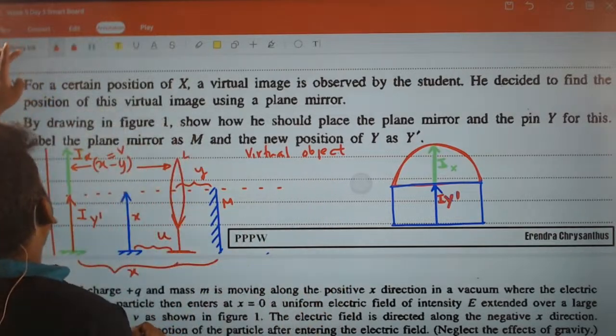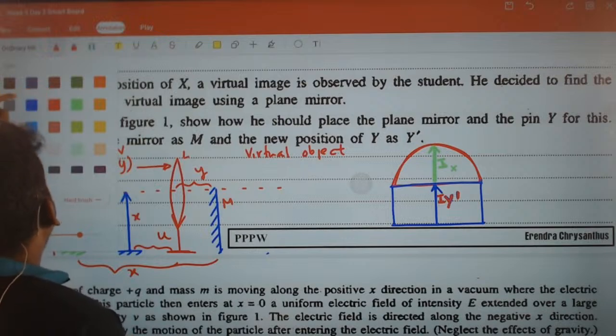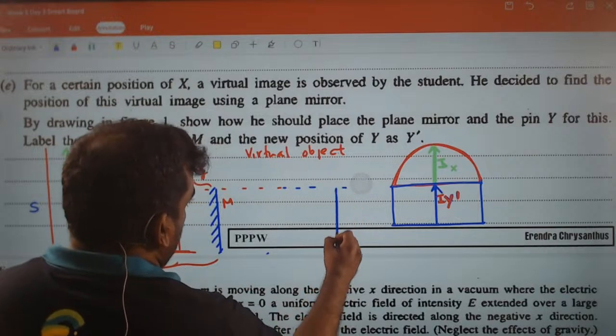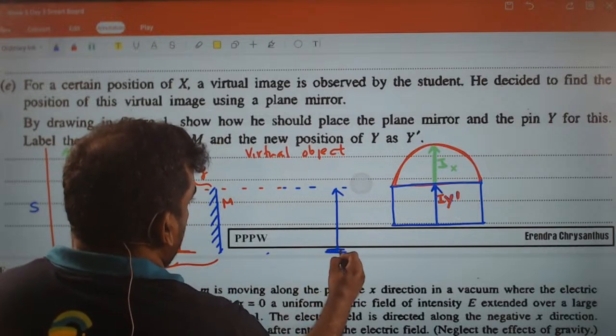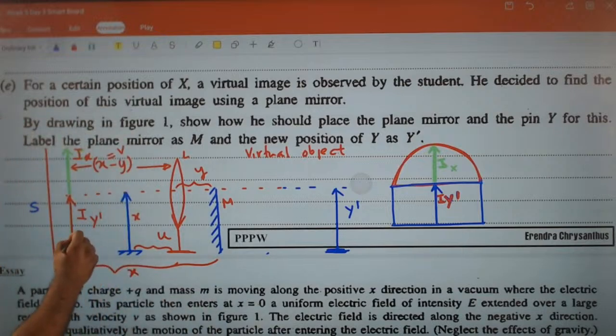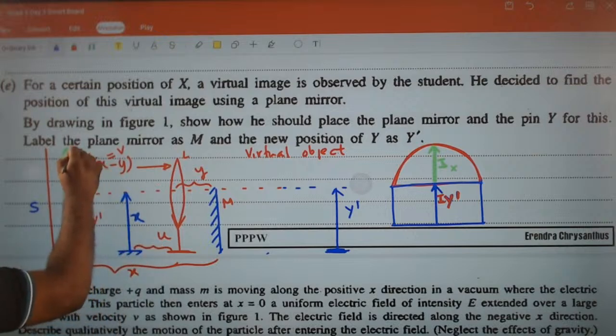These values keep the pin. This is y dash. This is the image of y dash. This is x. That's the image of x.